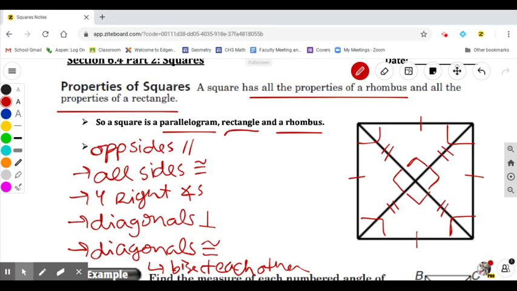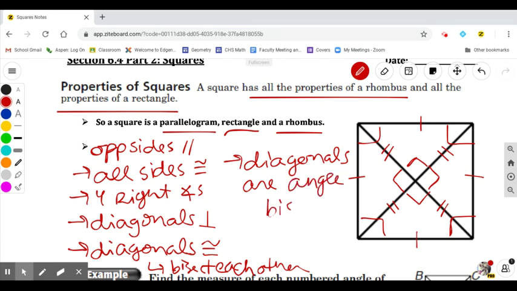Okay, the last thing about a square is that the diagonals are angle bisectors. And that was just like in a rhombus. And so what that means is that each corner is cut in half. And so if you think about it, if each corner is 90 degrees, cut in half would be 45.